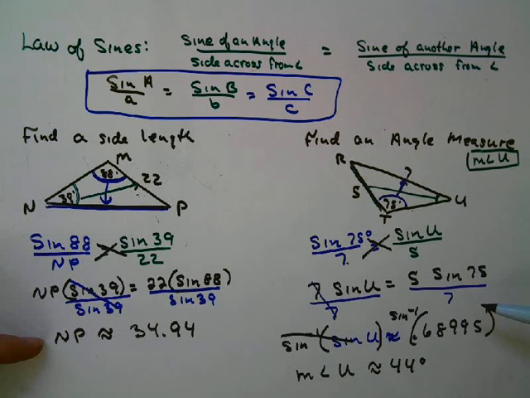Once you've done that, if you're looking for side length, you just calculate it and you're done. If you're looking for angle measure, you have to take the inverse sine of whatever that ratio is, and then you get the angle measure. So one more step if you're looking for angle measure. So hopefully this helps. If not, talk to me in class and enjoy your Law of Sines.